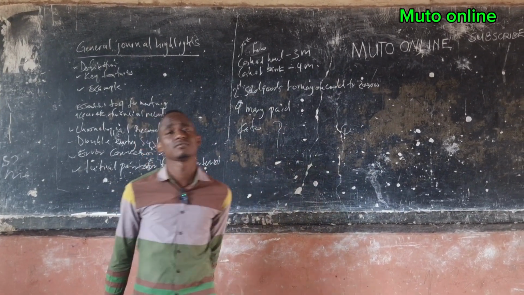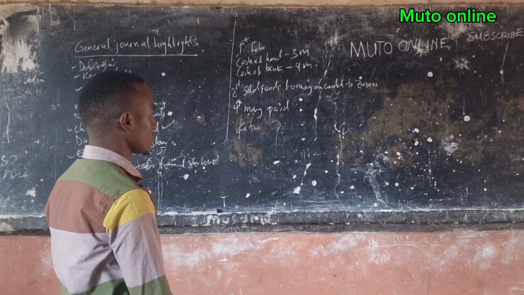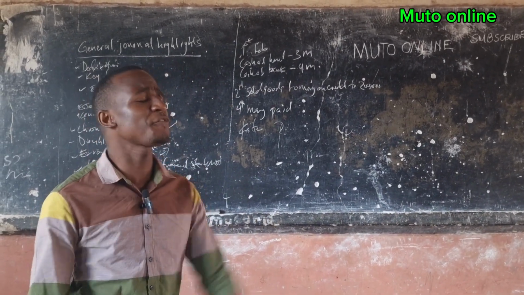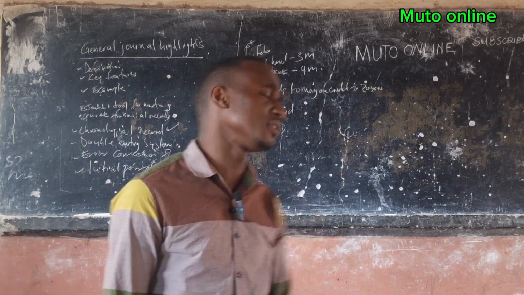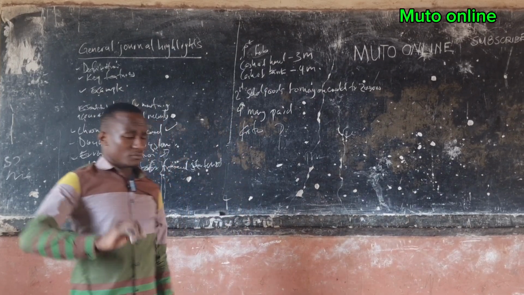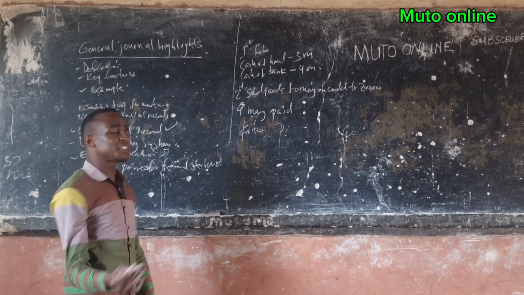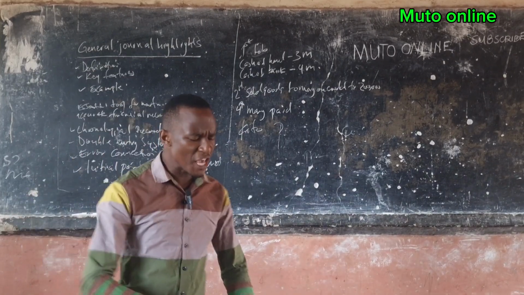On credit. What do I mean by error correction? In this general journal, if Kato had purchased goods on credit, goods worth 2 million shillings, remember, we would also change a transaction, or we could also change the chronological order.